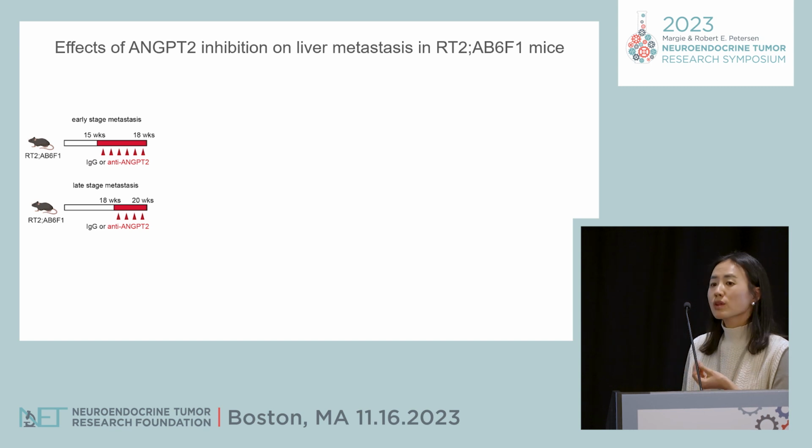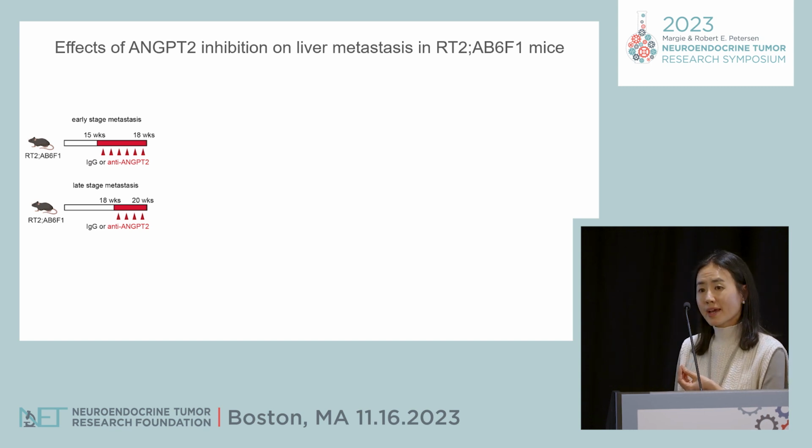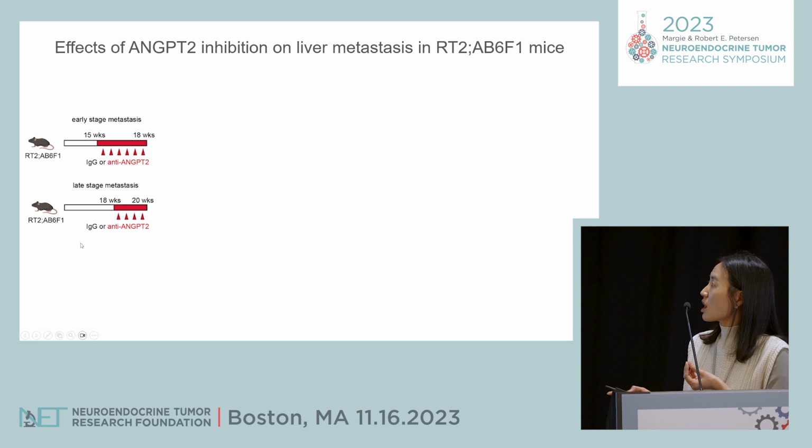To understand the role of angiopoietin 2 in liver metastasis, we mainly used the RT2AJ mouse model. We really like this model because we can study the late stage of liver metastasis. Also, to block angiopoietin 2, we have been using a very selective anti-angiopoietin 2 antibody by collaborating with Regeneron. We blocked angiopoietin 2 at two different time points: one is early metastasis, the second is the late stage of metastasis.